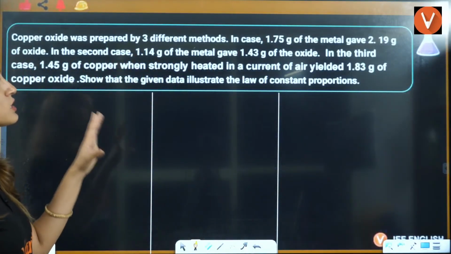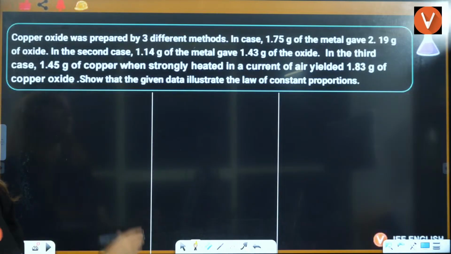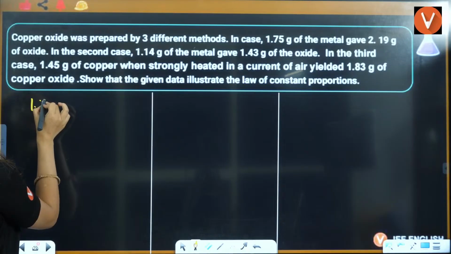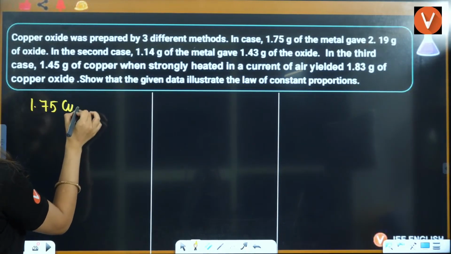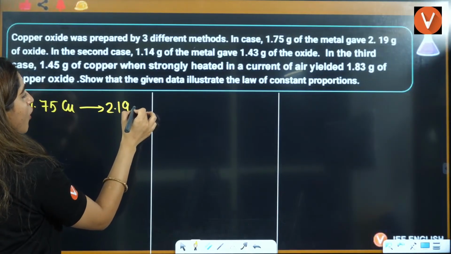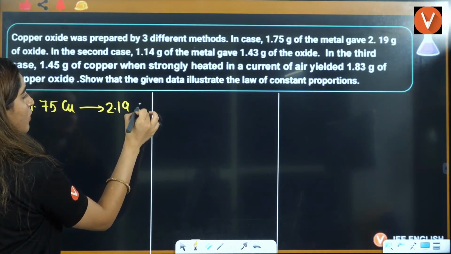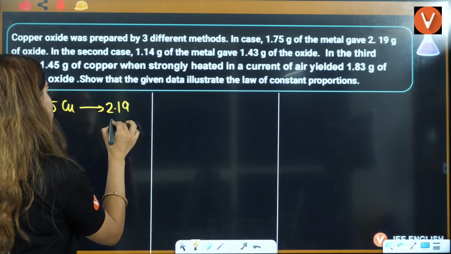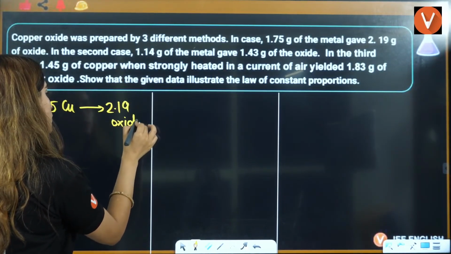In the first case, 1.75 gram of copper gave this much oxide. 1.75 gram of copper will give you 2.19 gram of oxide. I am writing it here as oxide.